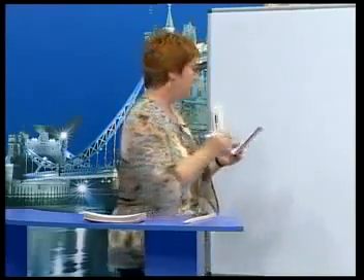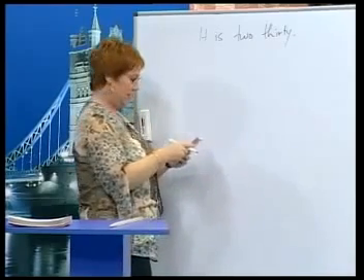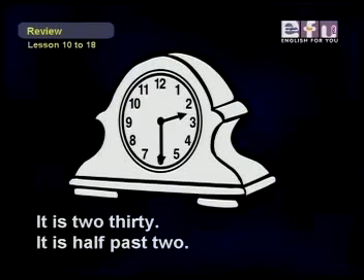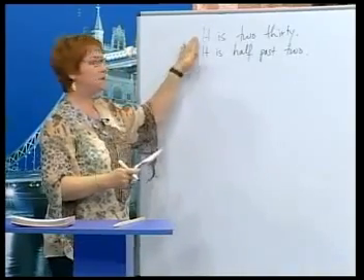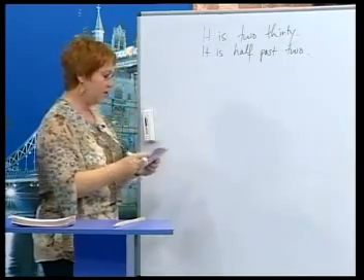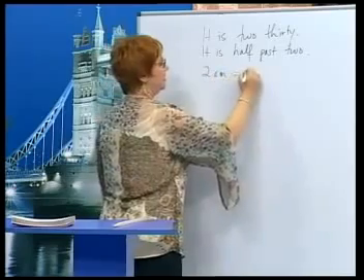For example, it is 2:30. It is 2:30. Or we can say it is 2:30. This one is easy. Okay? Now, we can also say 2 a.m. This means in the morning.